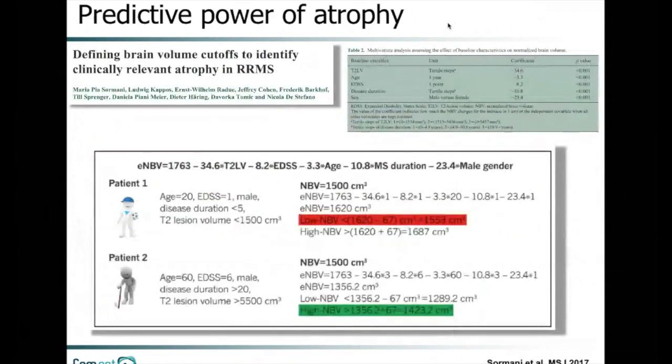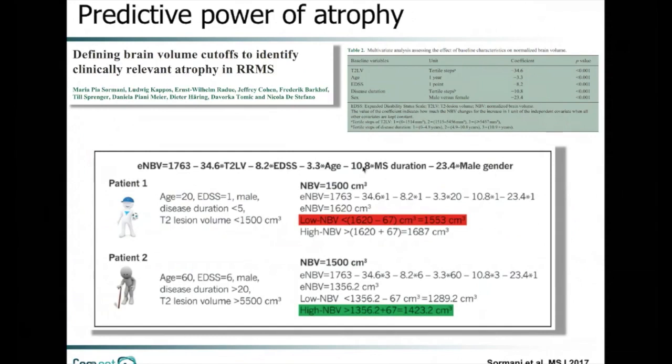More recently, in a more sophisticated approach, but looking at mostly the same outcomes, Maria Pia Sormani, using data from the FREEDOMS study, has been able to develop a tool to predict whether our patients are at risk of worse disease evolution in terms of EDSS progression by comparing the actual brain volume and the expected brain volume according to other clinical and baseline demographic parameters like T2 lesion volume, EDSS, age, MS duration, and male gender.